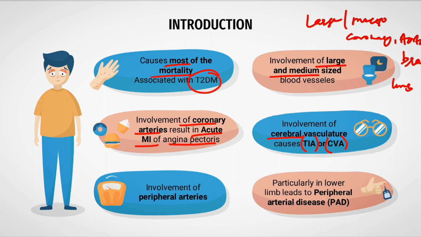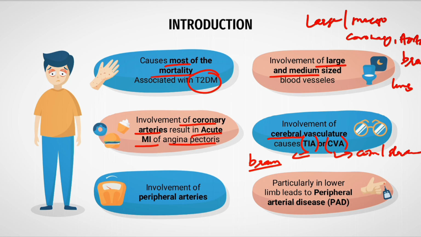So TIA means it is the rupture of any artery with bleeding into the brain, that is known as hemorrhage, and this CVA is also known as cerebral infarction or stroke.